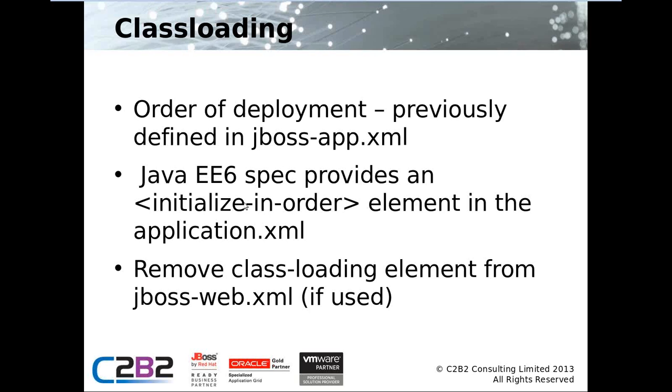And you also may find that you need to remove the class loading element from jboss-web.xml if you've used that. Basically, the way that works is now the default class loading behavior in EAP6, so it's no longer necessary. So if you've got a class loading element within your jboss-web.xml, then that just needs to be removed.